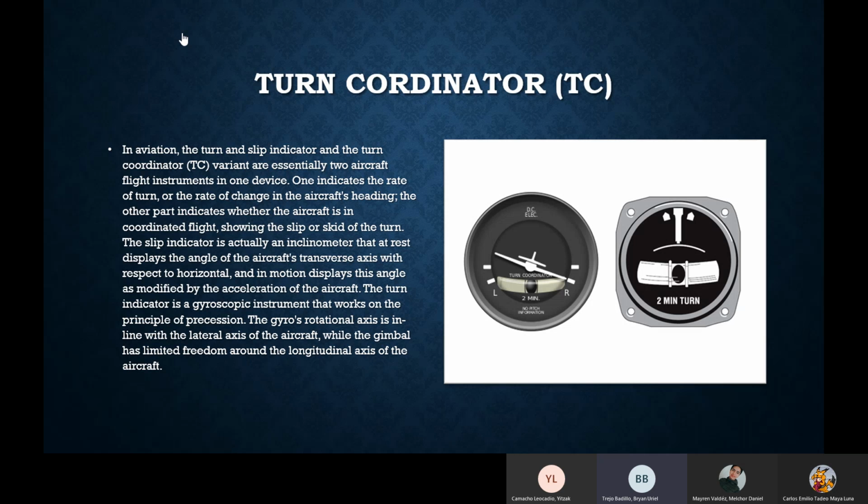The turn indicator is a gyroscopic instrument that works on the principle of precession. The gyro is aligned with the gimbal, which has limited freedom around the longitudinal axis of the aircraft.